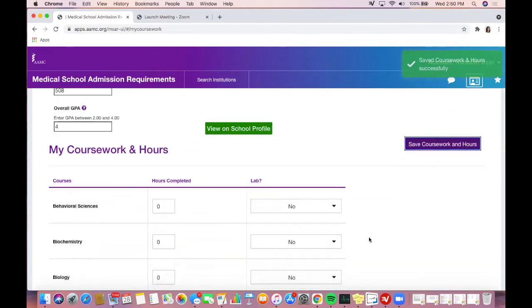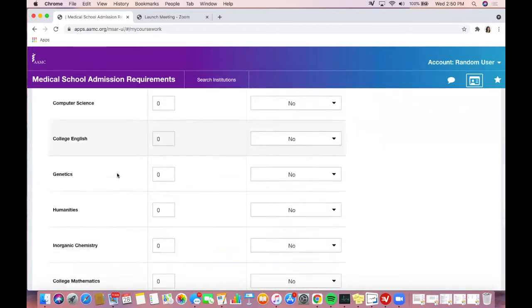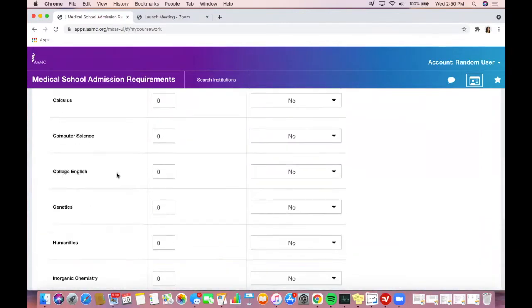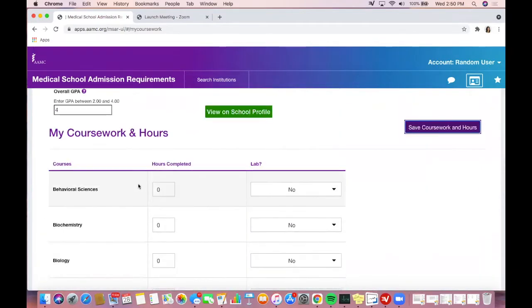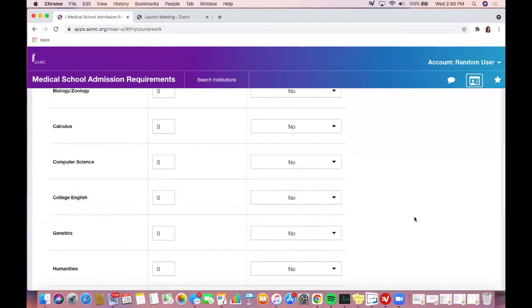You can also enter your coursework for all of the major disciplines in which you would be enrolled as an undergraduate. Just for the sake of entering something, let's say so far I've taken biology and I've taken biochemistry, okay?